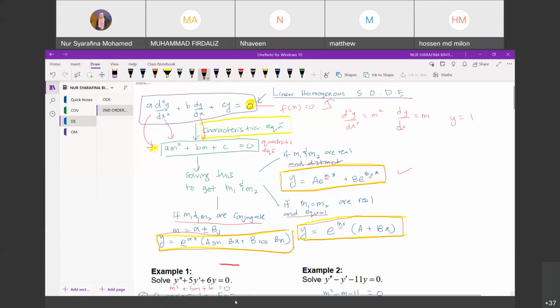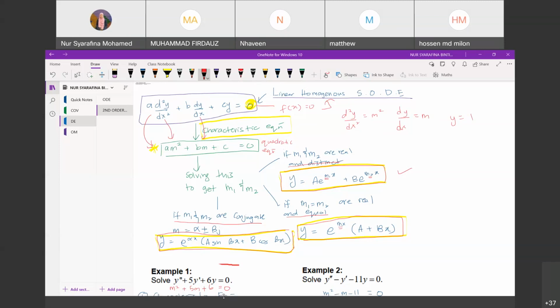So solving this, you will get m. What are the values of m here? Minus 2 and minus 3.